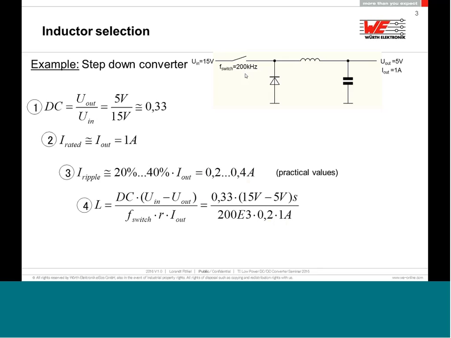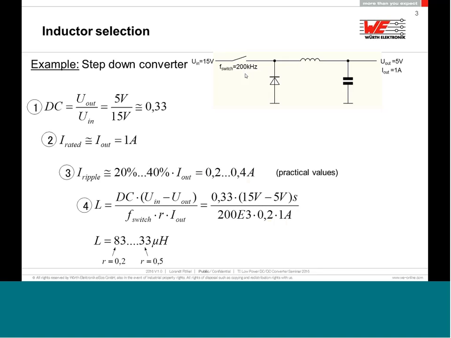Now, in calculation with a simplified formula with the duty cycle, switching frequency, ripple current, and output current, we will have different values. For 20% ripple current, we will have a bigger inductor, which is 83 microhenry, and with a 40 or 50% ripple current, we will have an inductance of roughly 33 microhenry.